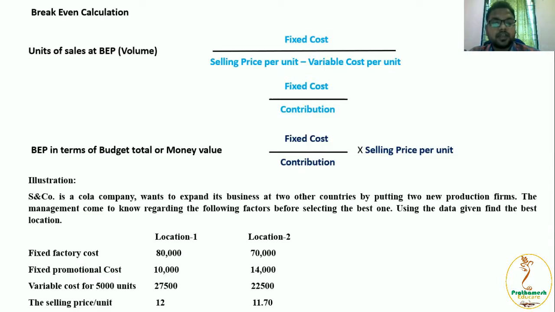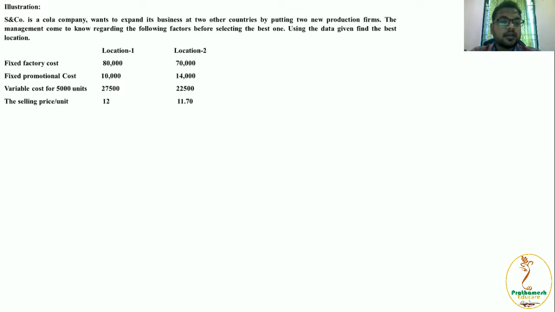Fixed factory cost is given for both locations. Fixed promotional cost is also given for both locations. Variable cost for 5,000 units is given, and selling price per unit is given. So let us do that.